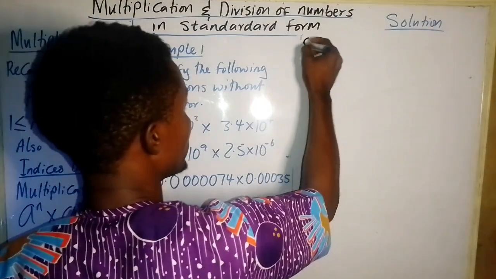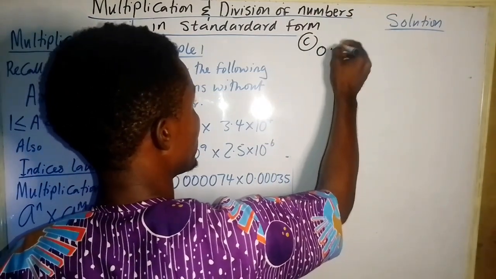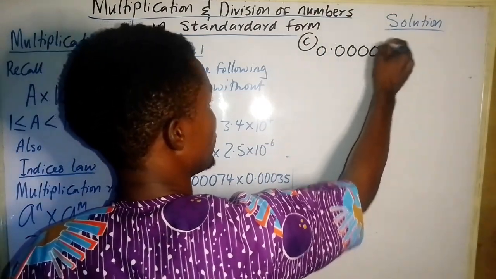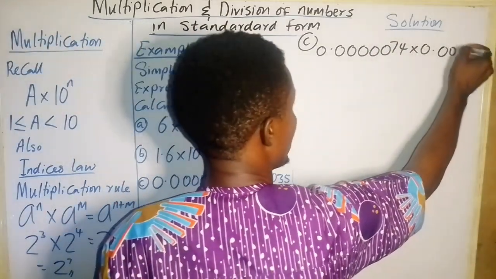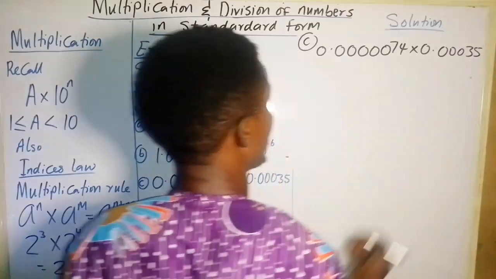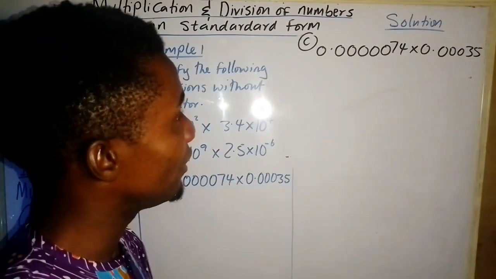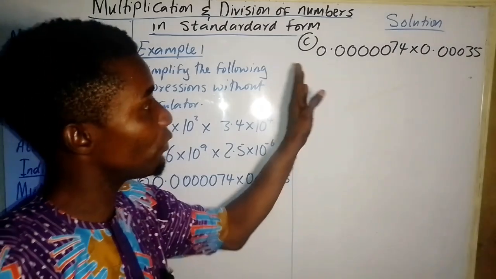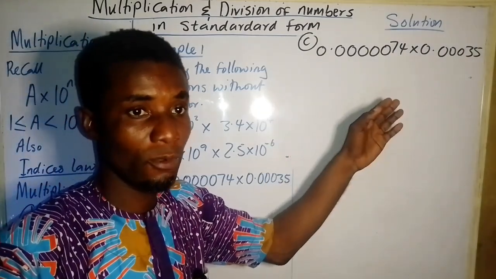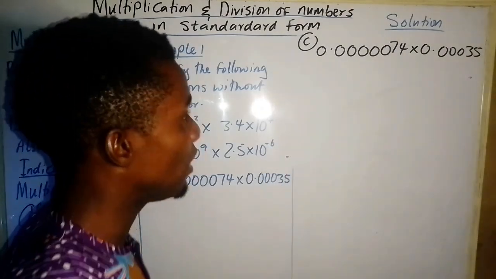So for the third question, which is C, we have 0.000074 times 0.00035. Now, looking at this number, these are numbers in decimal form. So all we need to do is to first of all change the numbers in decimal form to standard form, then we perform our operations.